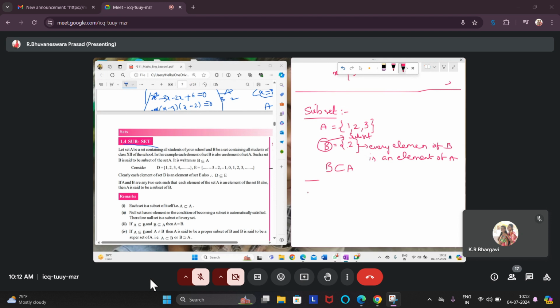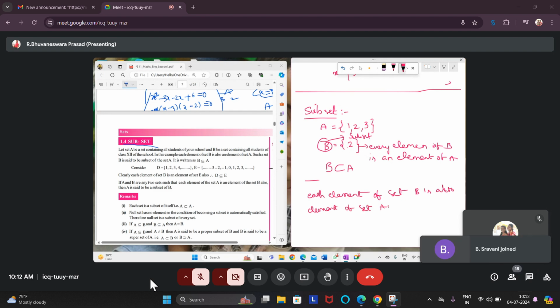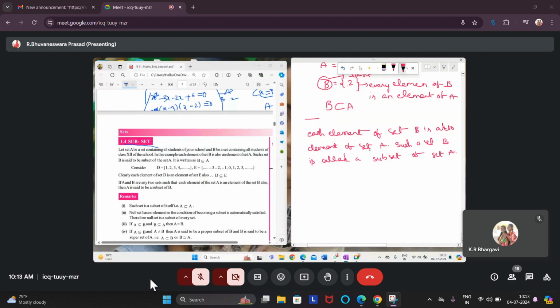So each element of a set B is also an element of set A. Such a set B is called a subset of set A, and it can also be written as B is a subset of A, Nana.